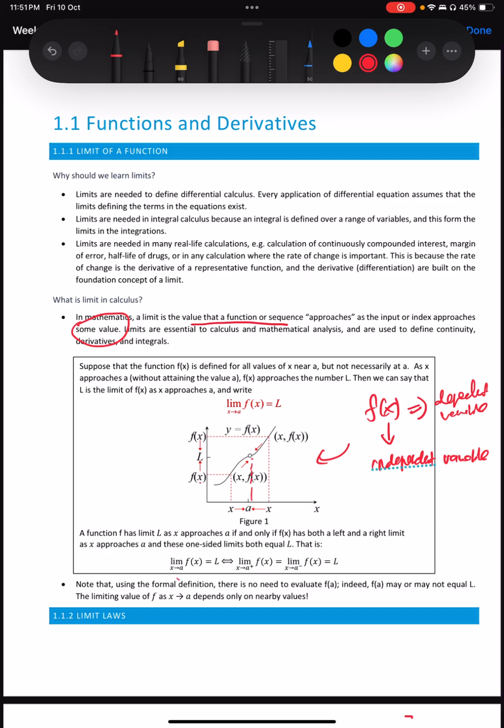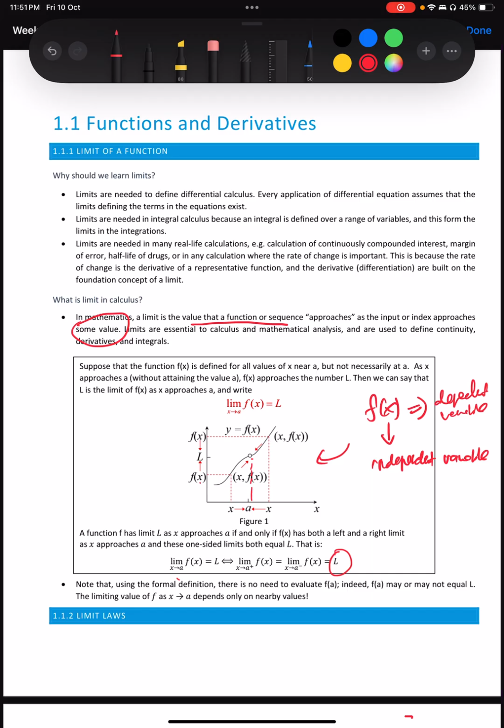So the limit of the function as x approaches a is equivalent to L, where the left side and the right side are similar. I mean the function exists and the limit exists. So we call that the limit exists and it is the limit L in this case.